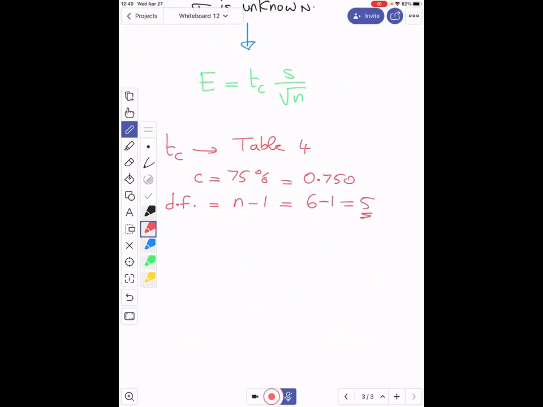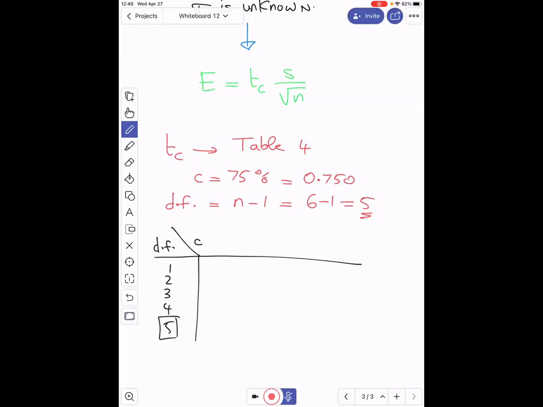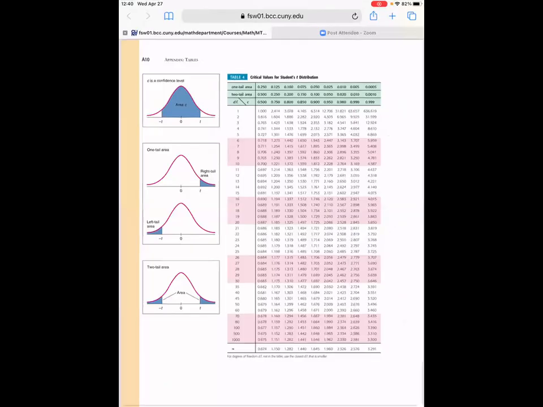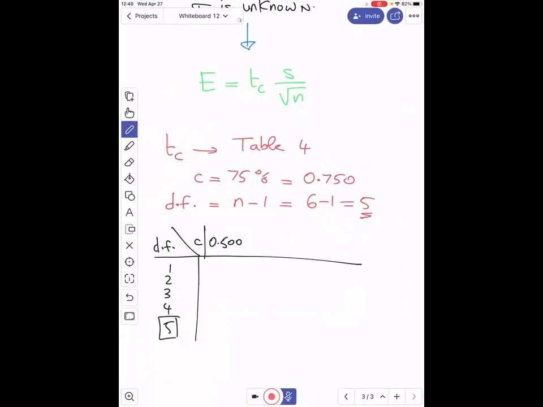What I'm saying here, guys, is there's this DF right here, and there is C, and you need to go to 5 right here. Next to C, there is 0.500, and then there is 0.750, and then 0.800, 0.850, I think, etc. Our C is 0.750 because it's 75%.